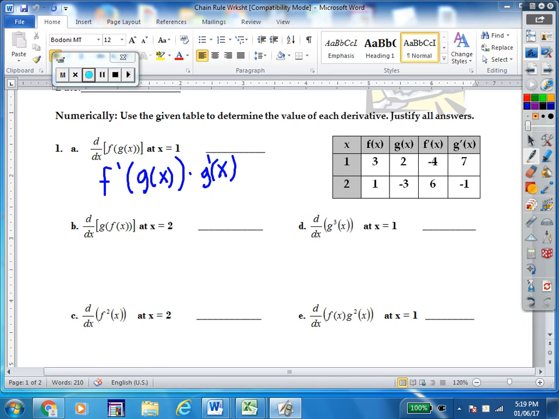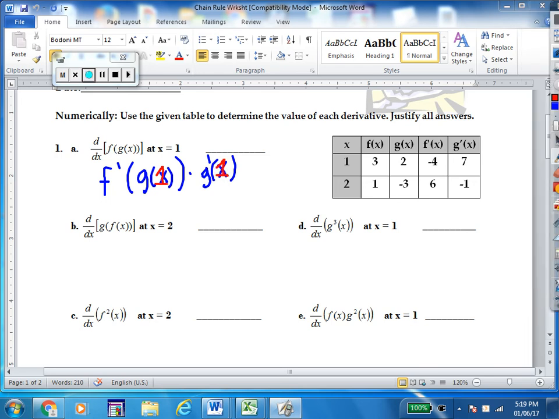But in this case, they want us to do it for the value of 1. So instead of x, we will replace that x with a 1. And now we're going to use our table to evaluate this, okay? Inside of f prime, it says to find g of 1. G of 1 is 2. So this expression will become f prime of 2 because g of 1 is 2.